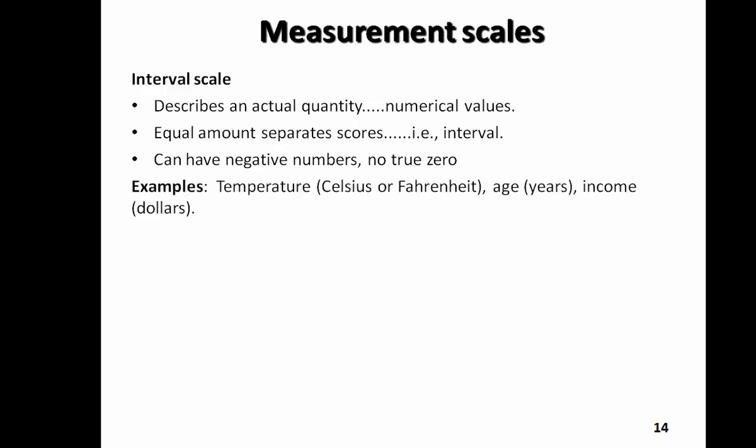A couple of examples here include temperature. On the scale of Celsius or Fahrenheit, a temperature of 0 does not mean the absence of temperature. It's just a relative number to quantify a warmer temperature or a colder temperature. Age in years is usually used.